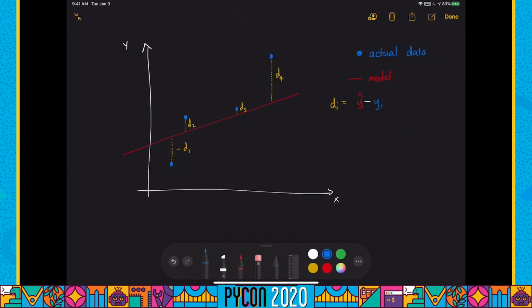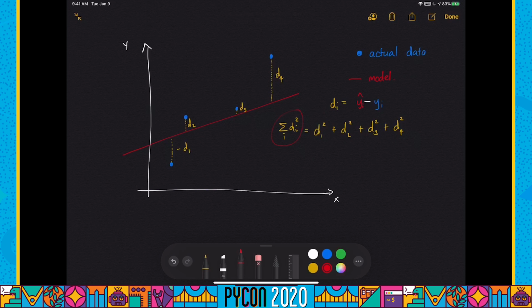All right. Then we take the square of all of the differences. So that's this little guy that we want to put our focus on. And then we divide it by the number of data points that we have.